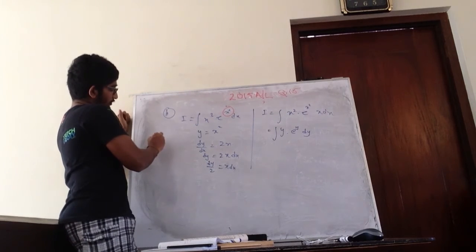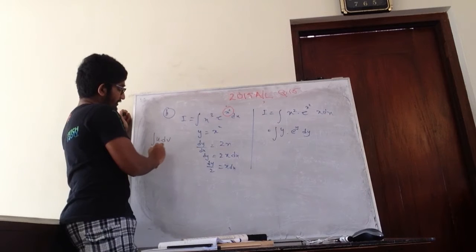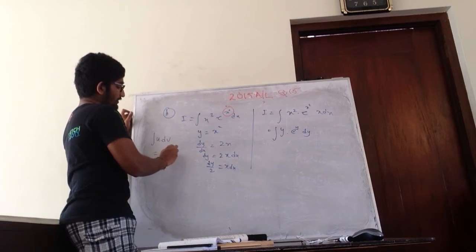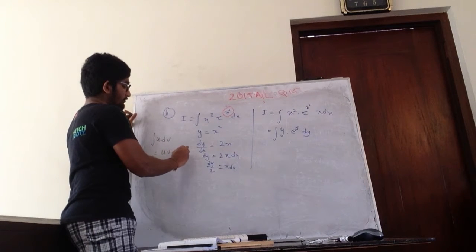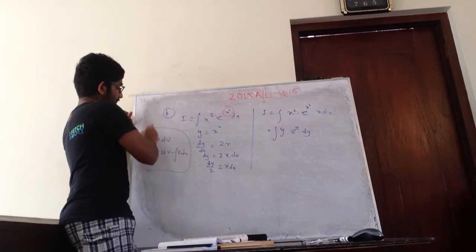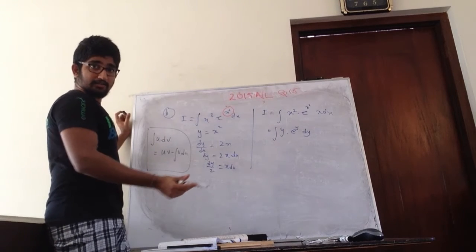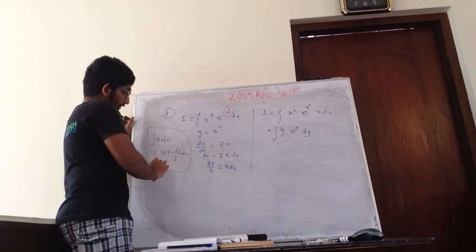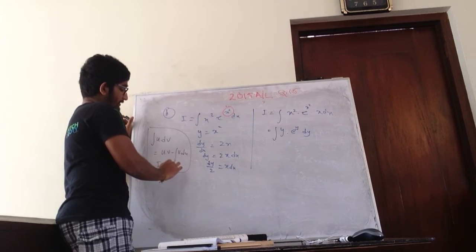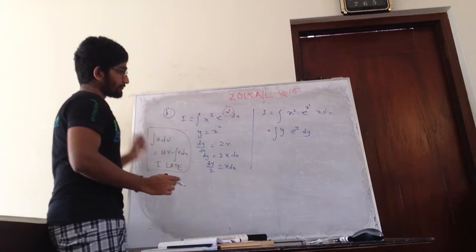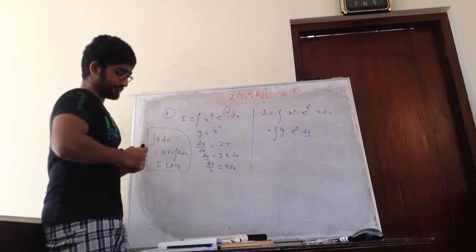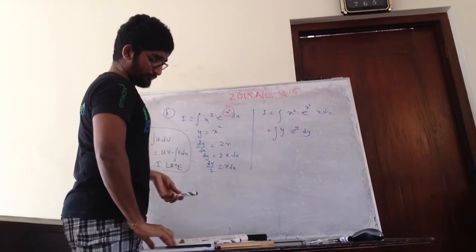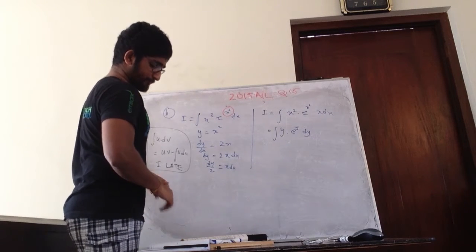The integral of u dv is equal to uv minus the integral of v du. Right? This is the integration by parts. Then in order to find u, you use the limit. Correct?